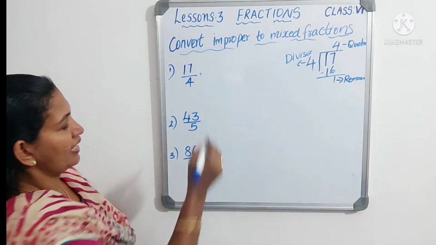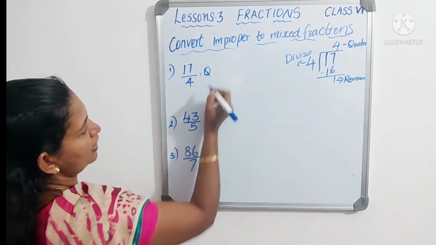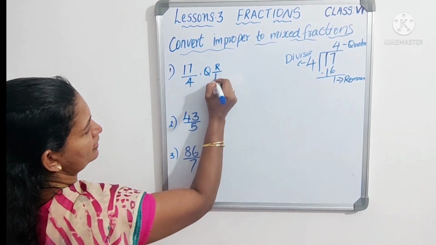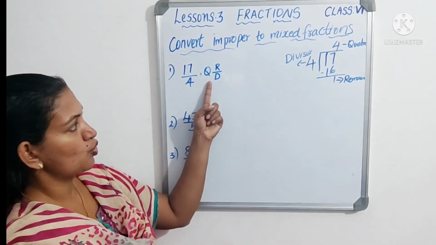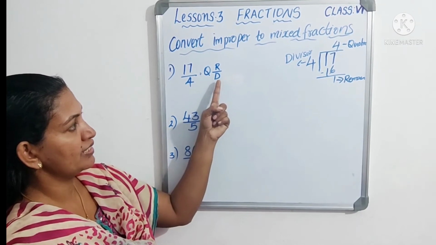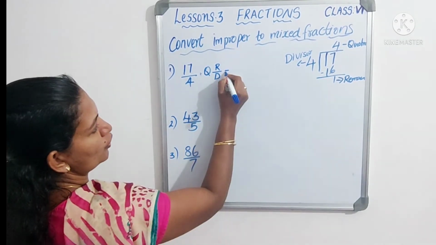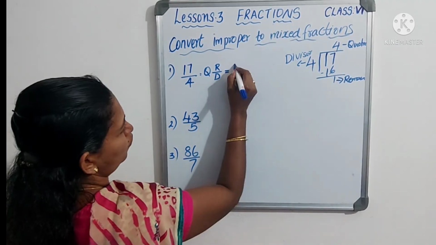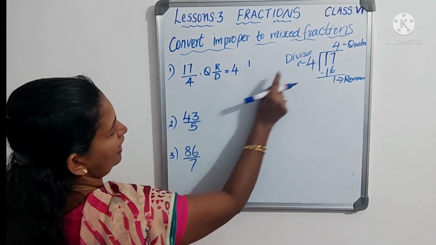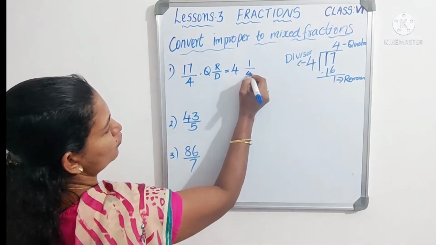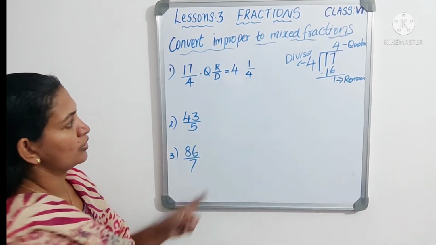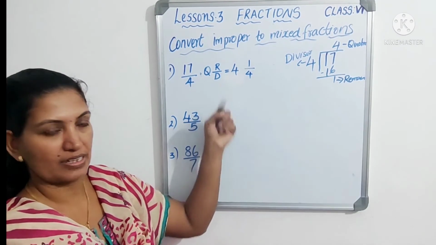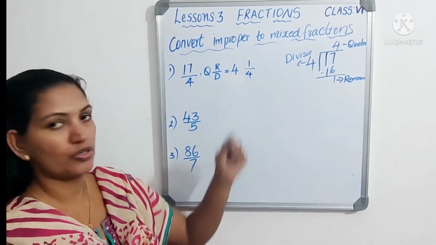Next we write the mixed fraction as Q R/D. Q means quotient, R means remainder, D means divisor. The quotient is 4, the remainder is 1 and the divisor is again 4. So 4 1/4 we got.